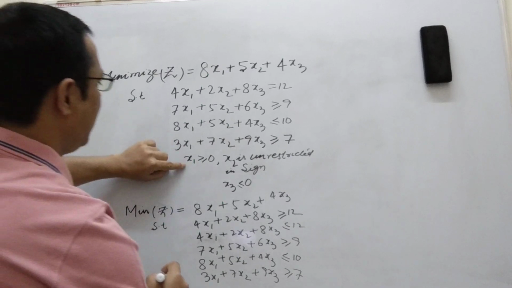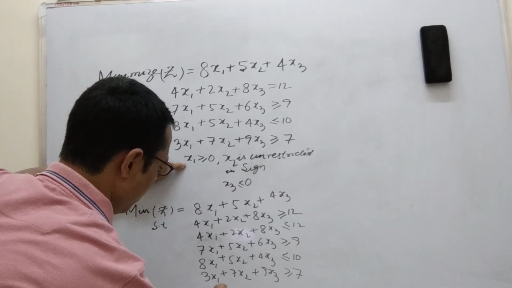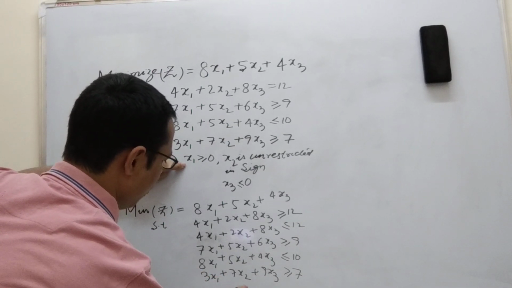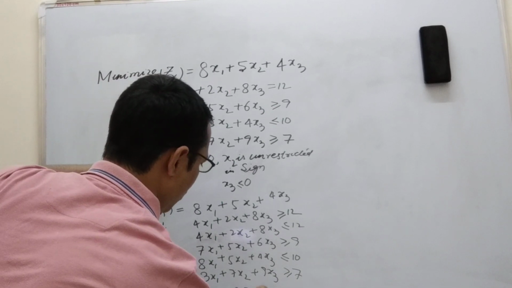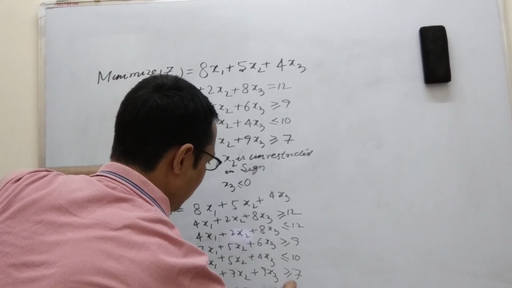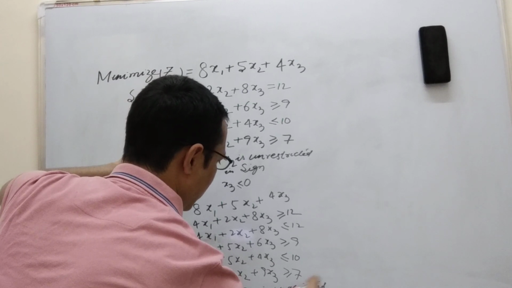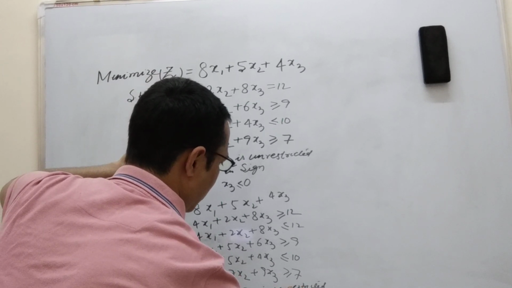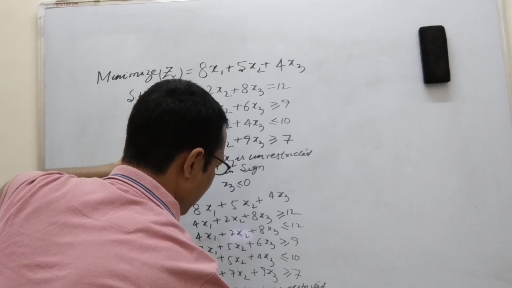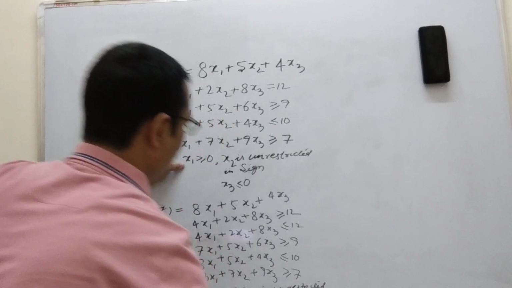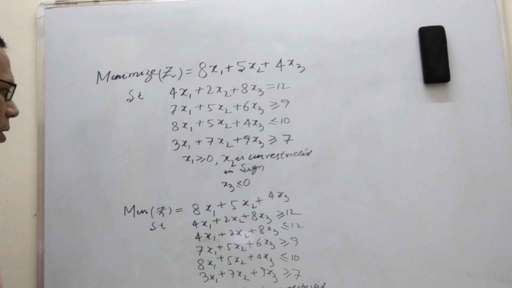And whatever conditions I have written, I am going to copy now. x1 is greater than equal to 0, x2 is unrestricted in sign, and the x3 condition is given as less than equal to 0. So now this is the condition over the variables.